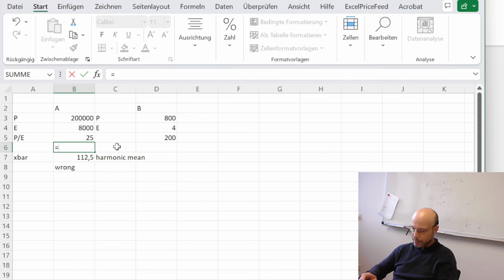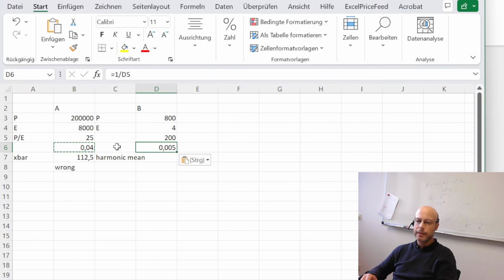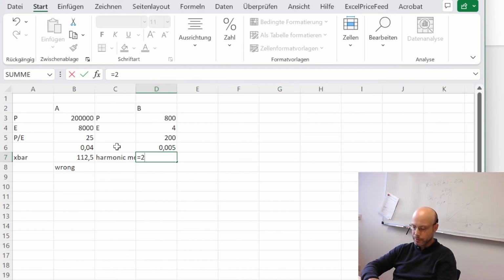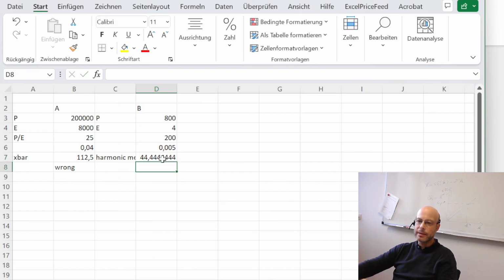So we take 1 over 25, 1 over these two, and the harmonic mean is then 2 over the sum of the two numbers. In this case, we obtain the right answer. Since this firm here is much larger than this firm, the price earnings ratio should be closer to the price earnings ratio of the larger firm.